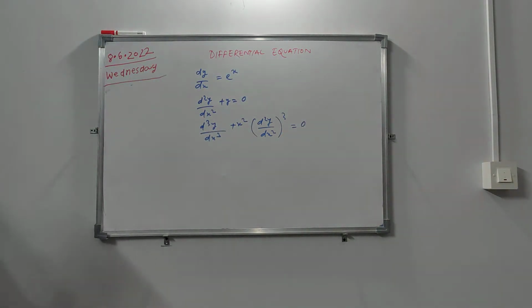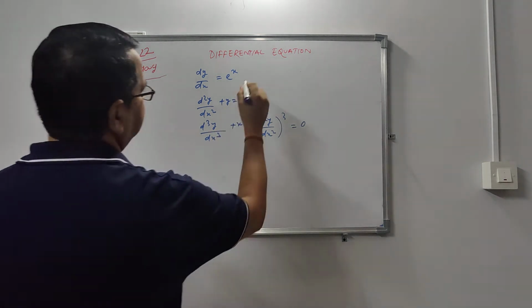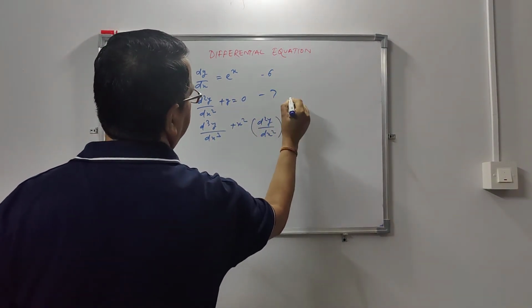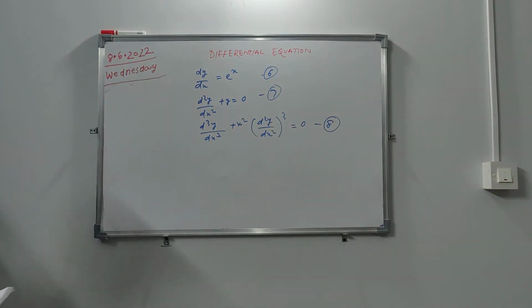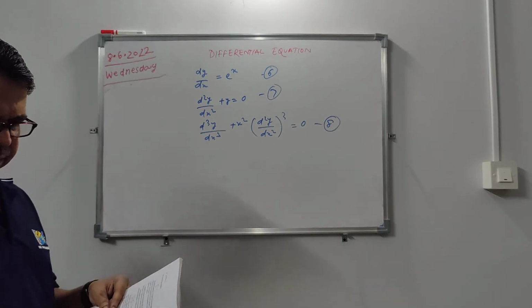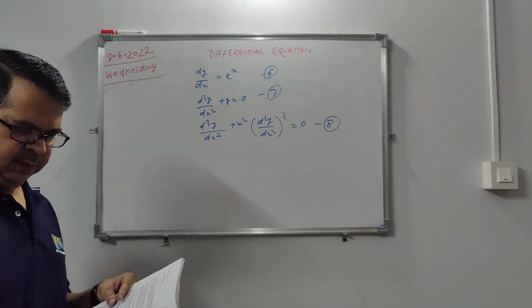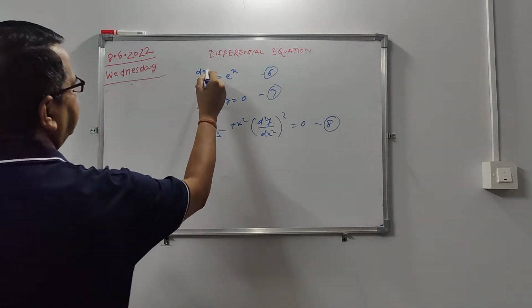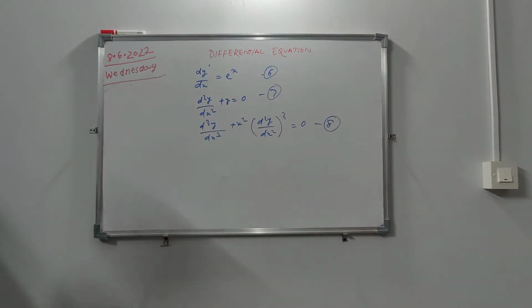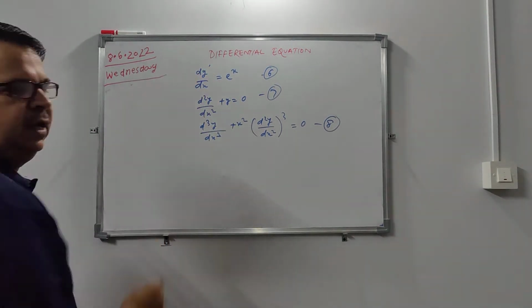Let us say these are equations 6, 7 and 8. The equations 6, 7 and 8 involve the highest derivative of first, second and third order respectively. So what is the order of a differential equation? Here you can see this is first order, meaning you are differentiating it once.